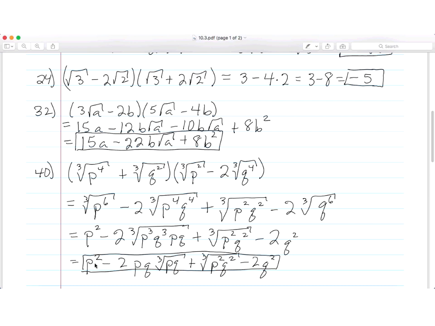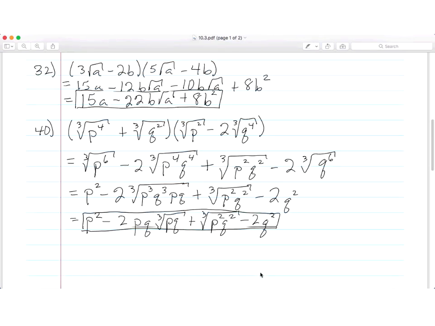And so I get, for my final answer, p squared minus 2pq times the cube root of p, plus the cube root of p squared q squared, minus 2q squared. And that's your answer.